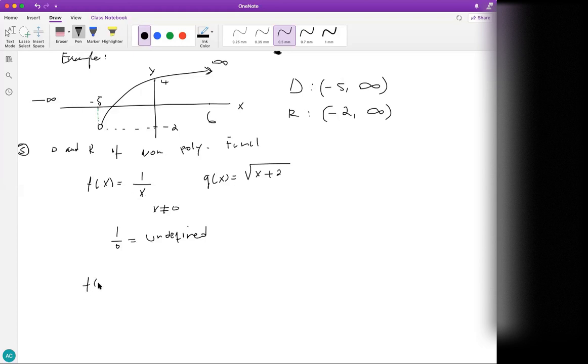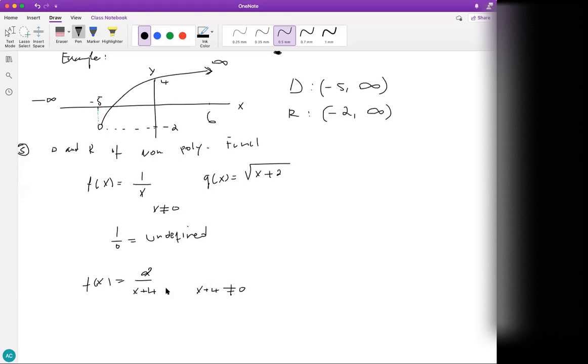Same thing if you have, let's say, 2 over x plus 4, for example. Again, any denominator of any function or any number cannot be 0. For example, here, the bottom cannot be 0. That means x can't be what?